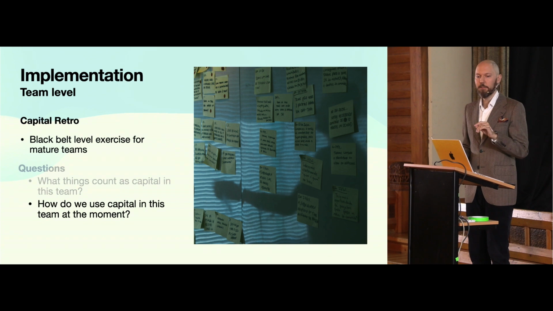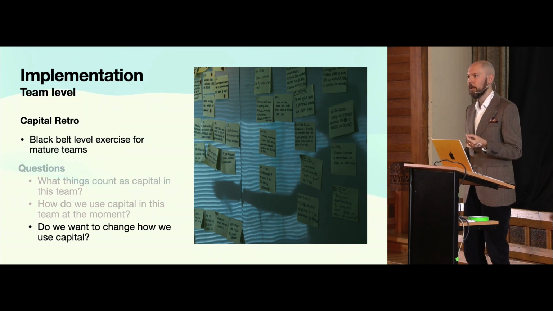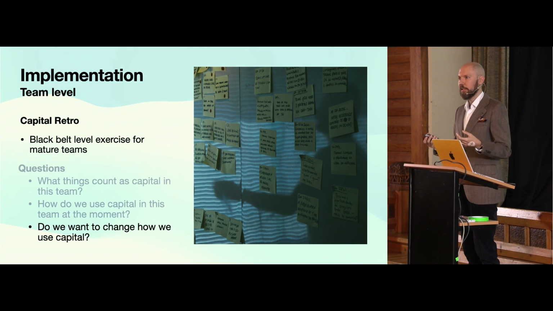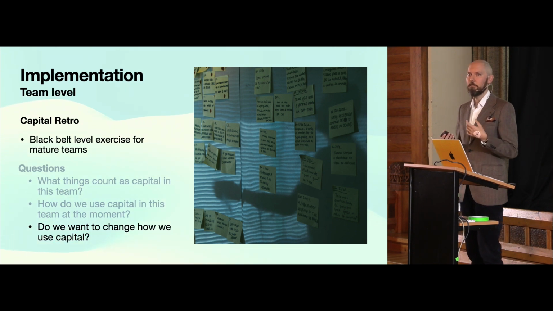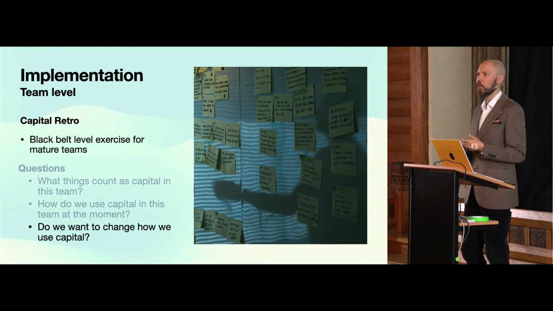How do we use capital in this team at the moment? And is there something we want and can do about that? The idea is that we obfuscate the possibly very personal and sensitive discussions we might be about to have by the use of these novel concepts.